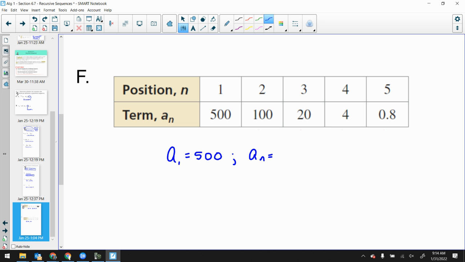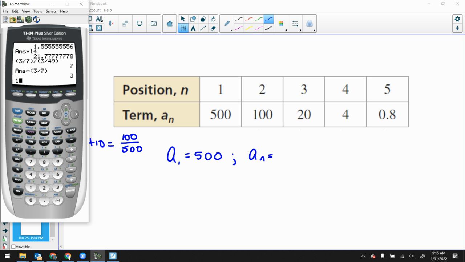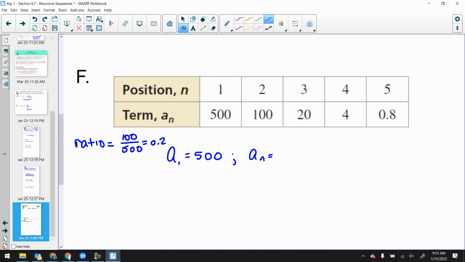It's divided, but be careful. I've got to think about it as, what's my ratio? A sub 2 divided by a sub 1. 0.2. So it's 0.2 times a sub n minus 1.